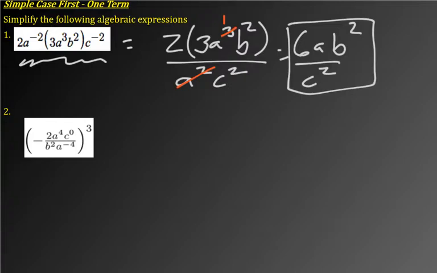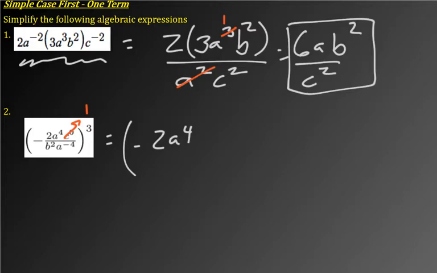So those really mean the exact same thing in math. So this one, I'm going to deal with the 0 exponent and the negative exponent in the first step. So anything to the 0 power is 1. So we can do negative 2a to the 4th.